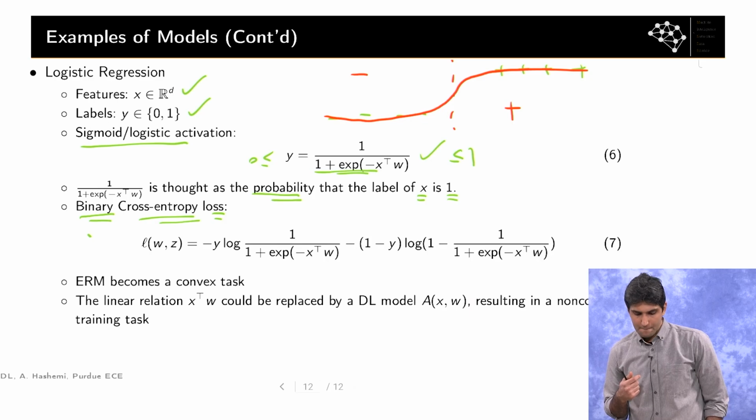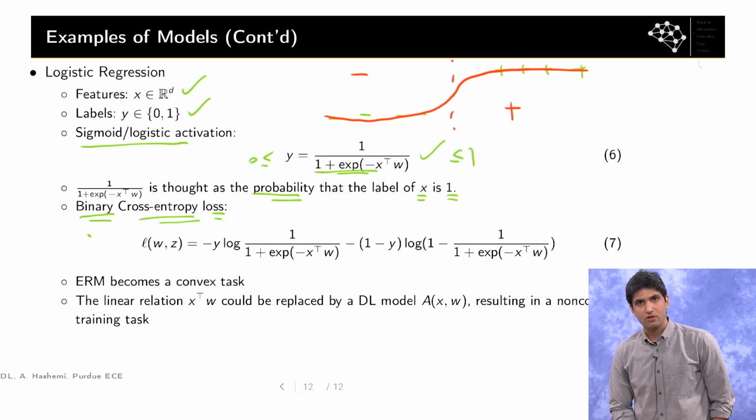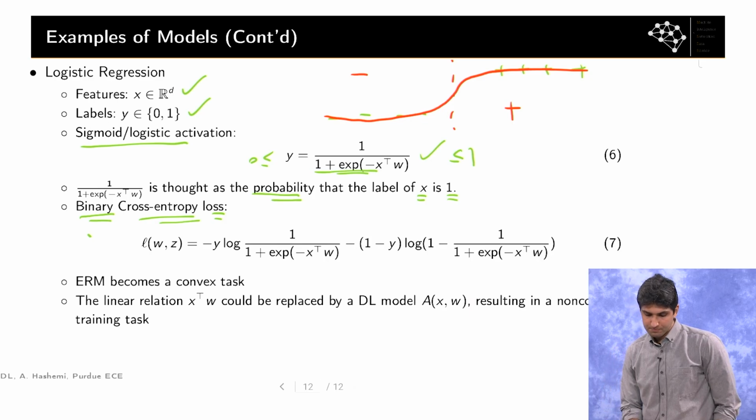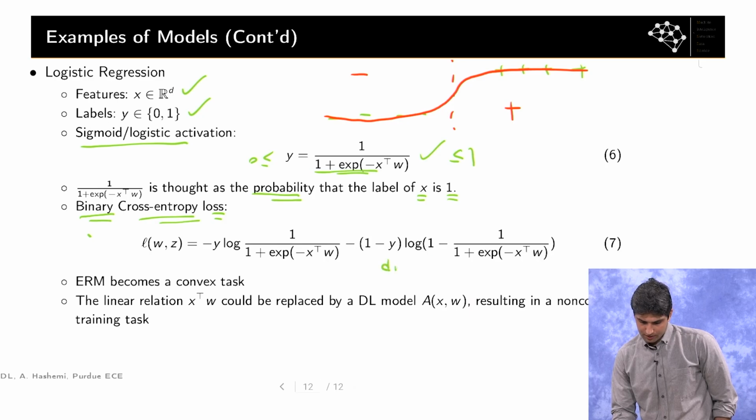We're going to talk about it a little bit more when we talk about classification again, but in the context of deep learning models. The way to think of this is that it is a notion that captures the distance between two distributions.